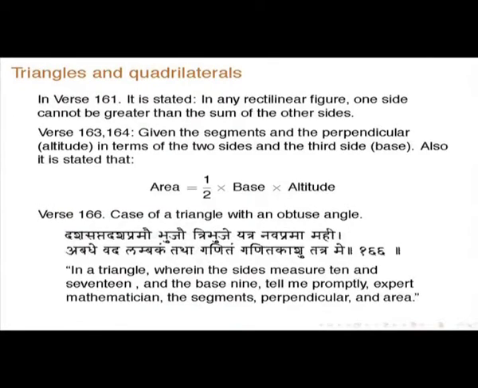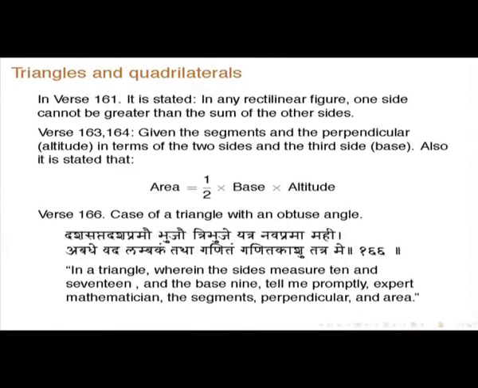Then he considers a case of a triangle with an obtuse angle to illustrate a point: in a triangle wherein the sides measure 10 and 17 and the base 9, tell me promptly, expert mathematician, the segments, perpendicular and the area.